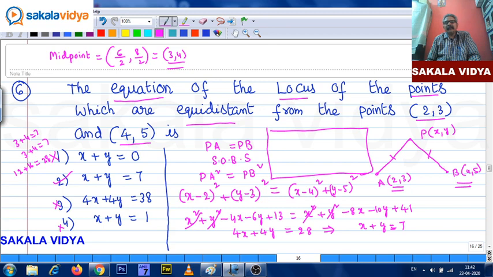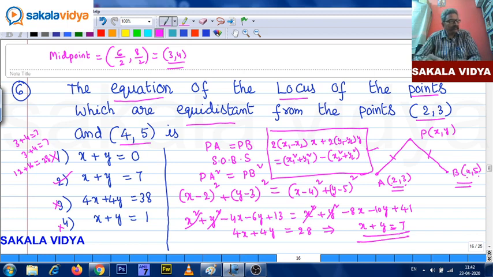The perpendicular bisector of the line joining A and B is 2 into x1 minus x2 into x plus 2 into y1 minus y2 into y equals x1 square plus y1 square minus of x2 square plus y2 square. So even if you substitute x1 as 2, y1 as 3, x2 as 4, y2 as 5, you will get the same answer.